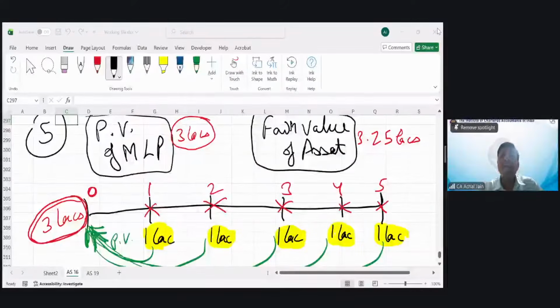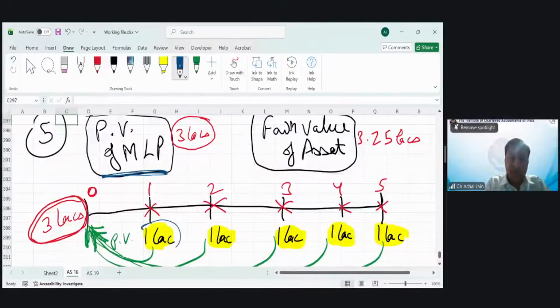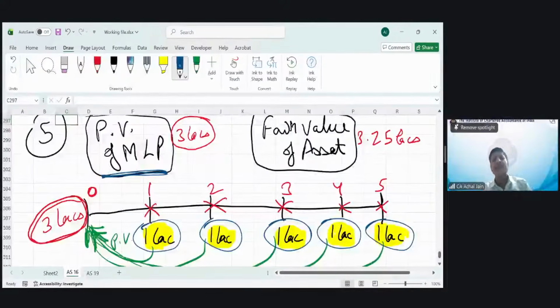The second point is around the concept. Now, what does this concept require? It requires you to calculate two things. All the minimum lease payments which you have; in our example, we picked up the minimum lease payments. Let's suppose these were annual payments of 1 lakh at the end of each year.